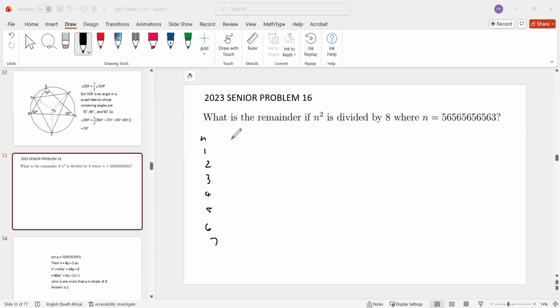When you calculate n squared, you get 1, 2 times 2 is 4, 3 times 3 is 9, 16, 25, 36, 49. Now divide n squared by 8, and write down the remainder.